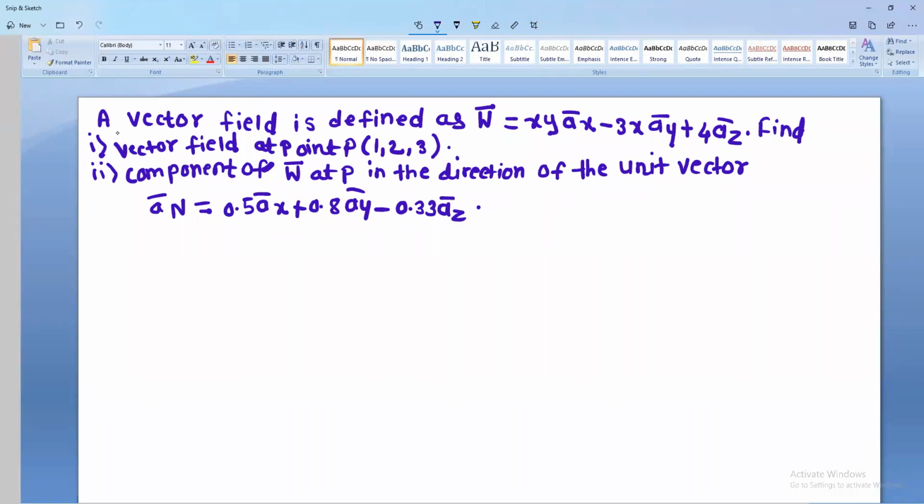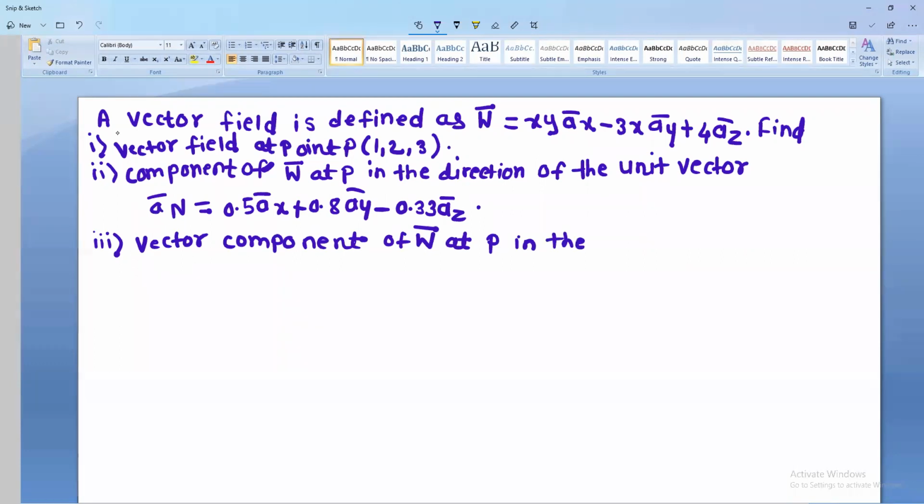And third, the vector component of W bar at P in the direction of A bar n.